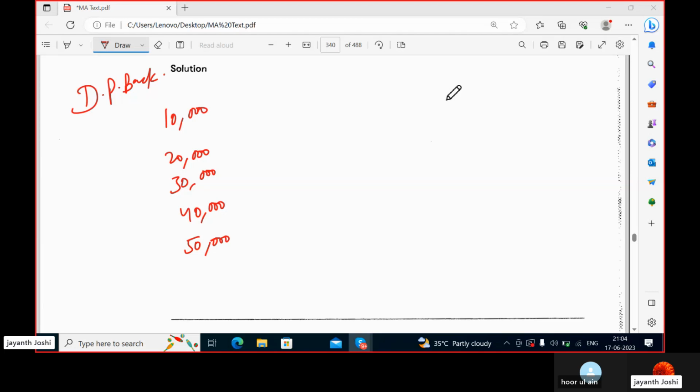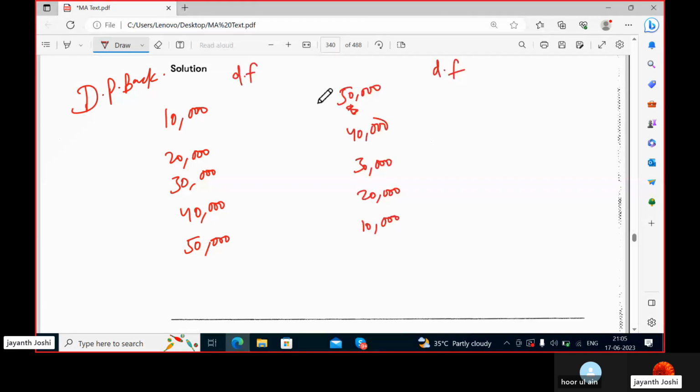What we are doing is, instead of finding the payback directly here, we are going to take the discount factors, and then find the payback period based on the discounted cash flows. That's the only difference. So the discount factor at the rate of 10%.